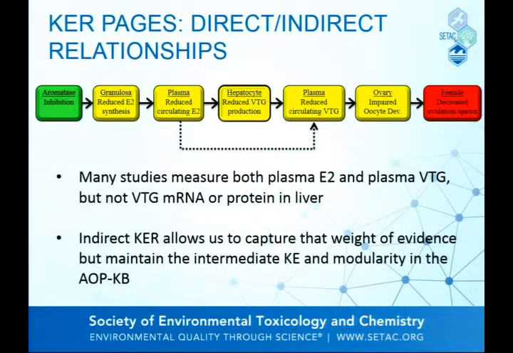The answer is that you want to maintain the modularity. You want to keep these intermediate key events in play, because they may be very important for interaction with some other AOP, and they may represent an important part of the network itself. So that's why we don't necessarily cut them out. Maybe eventually you would weed them out, but not at the initial stage.